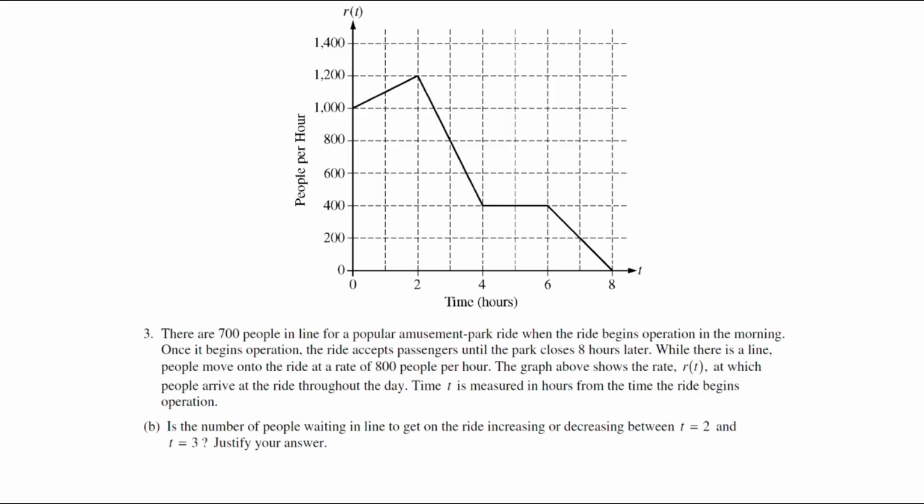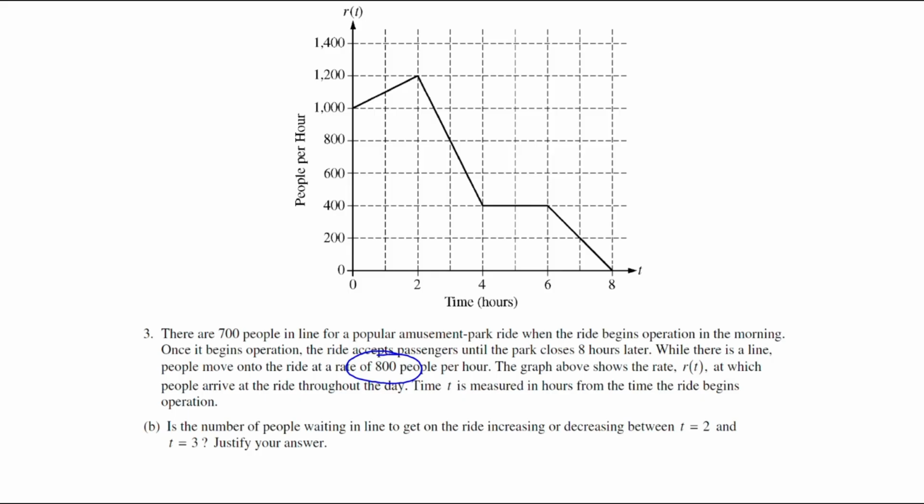For part B, we want to know, is the number of people waiting in line to get on the ride increasing or decreasing between t equals 2 and t equals 3? Well, we know that the rate that they get on the ride is 800.